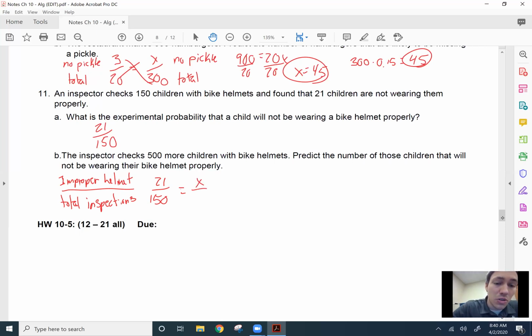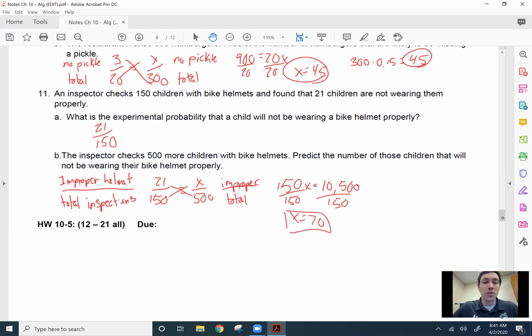So that's X over 500. Again, improper helmet over total. And I can cross multiply. I get 150X equals 21 times 500, which is 10,500. X is being multiplied by 150, so I divide by 150. And so I get X is 70.